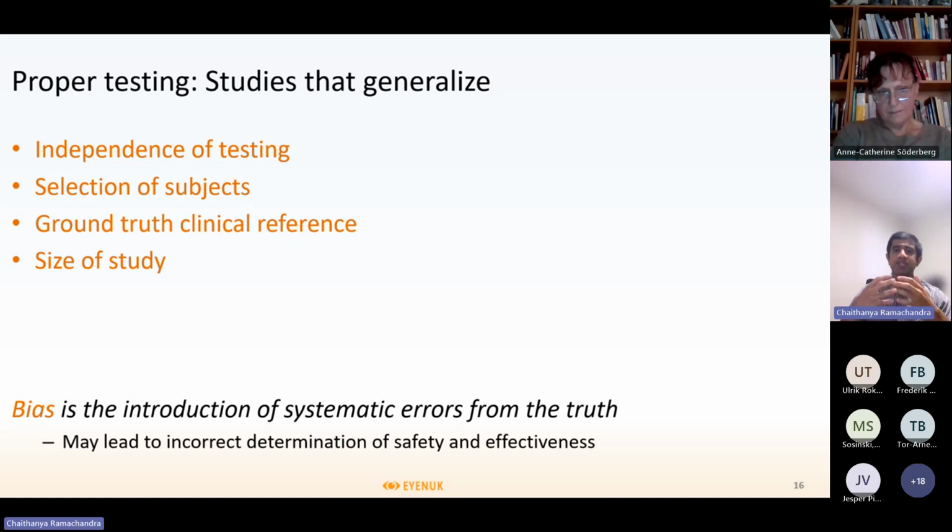The way subjects get selected for these tests, they must be representative of the population of interest. The ground truth clinical reference standard that is used to compare should make sense. And finally, the size of the study. We do not want to be introducing systematic errors during these studies, which might lead to incorrect determination of safety and effectiveness.